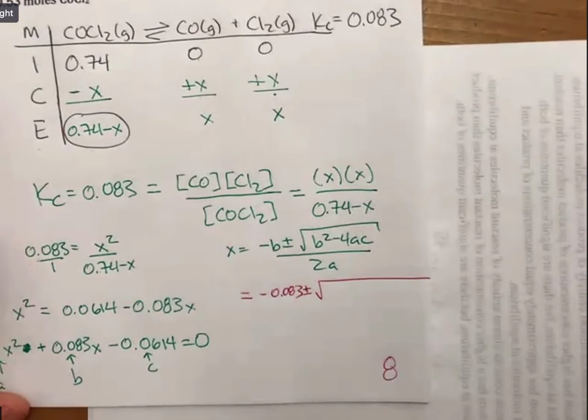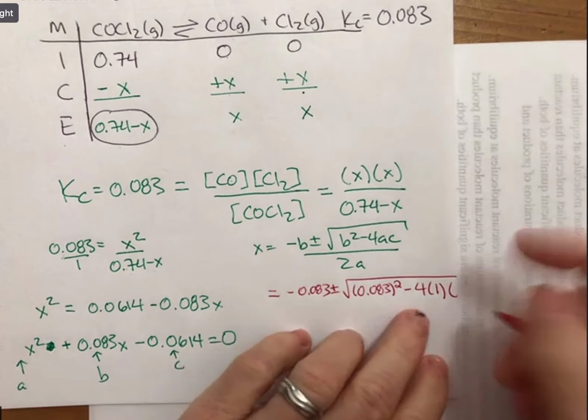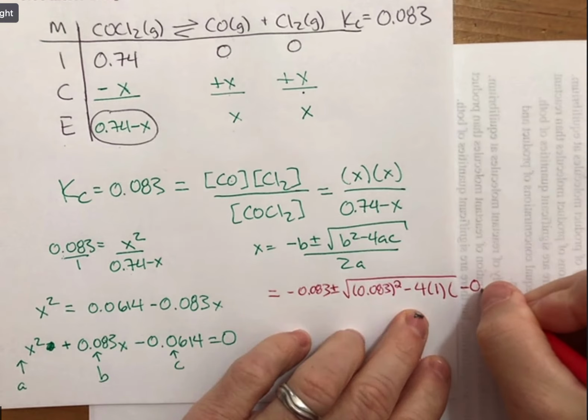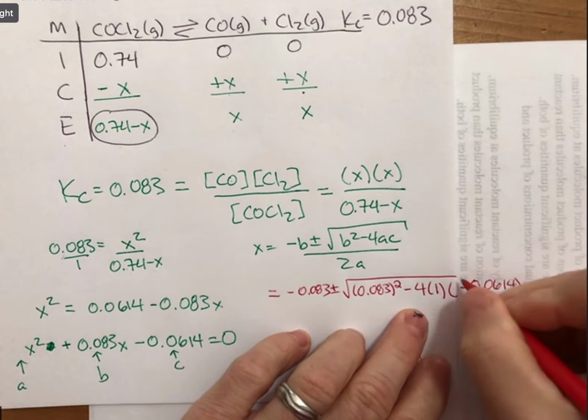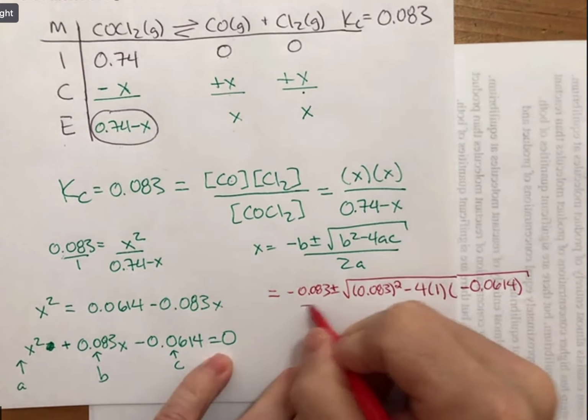A is 1. And c is minus 0.0614. And that's all over 2 times a. A is just 1, so just all over 2.